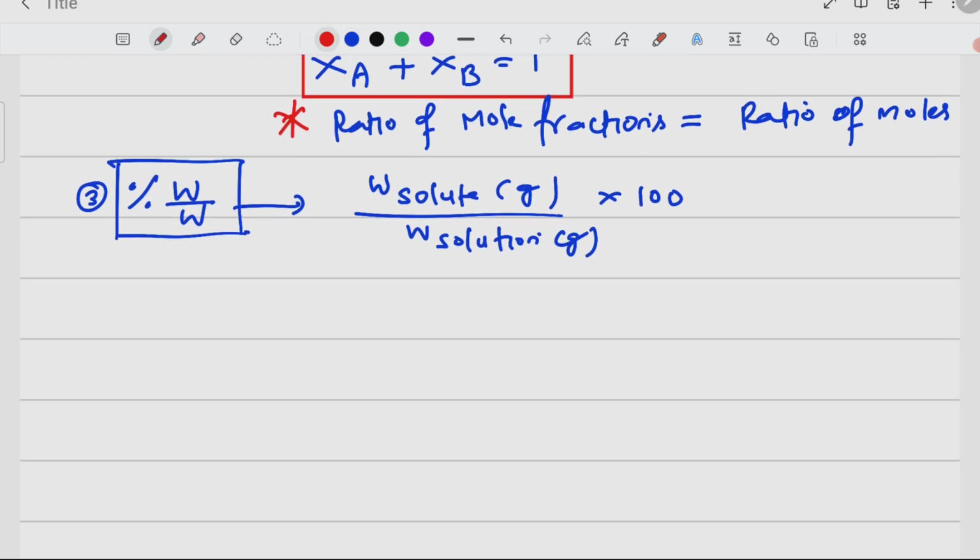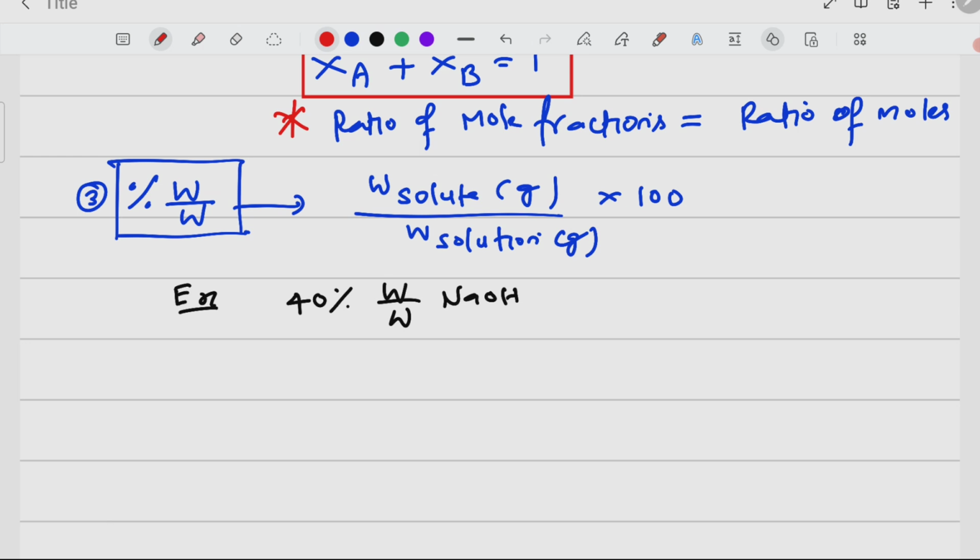Here there is a confusion point. Most students make silly mistakes and lose marks in JEE Mains because of confusion in percentage weight by weight. How do we need to interpret it? See, for example, I am taking here 40% weight by weight NaOH.